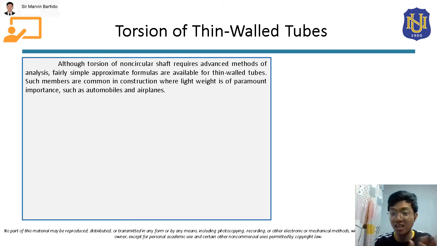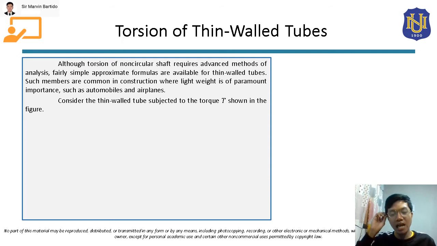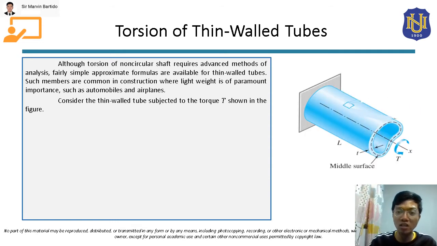So that is the advantage: it is lightweight. Now, let's consider the thin-walled tube subjected to the torque shown in the figure. So let's say we have here this thin-walled tube, and this is hollow, so there is a hole in its cross-section.